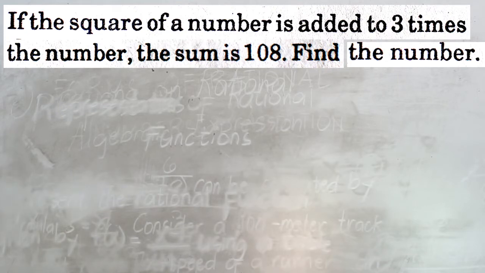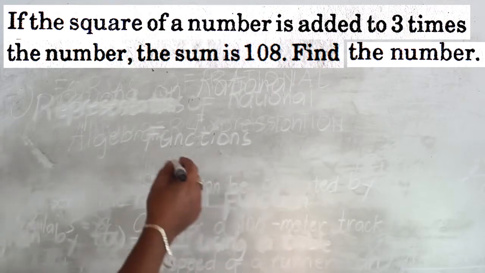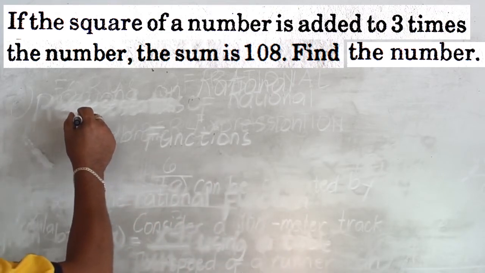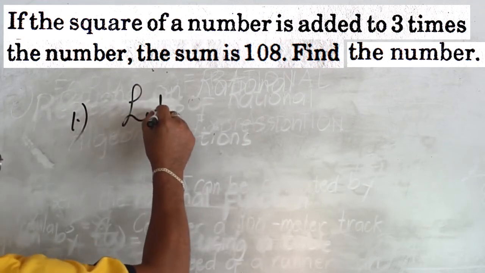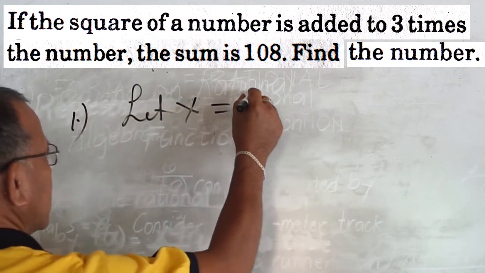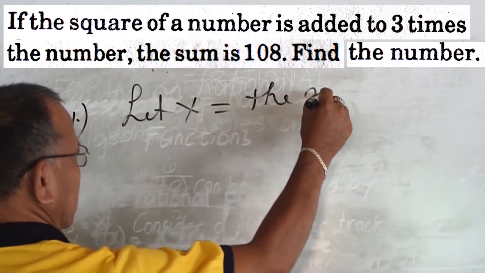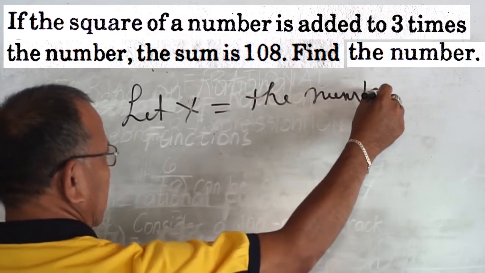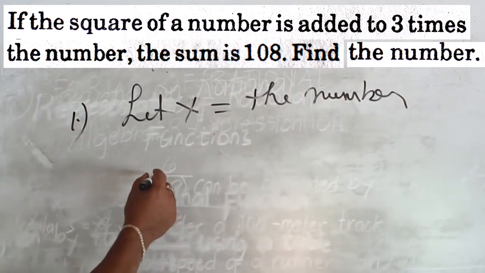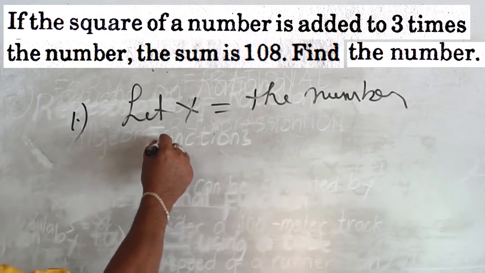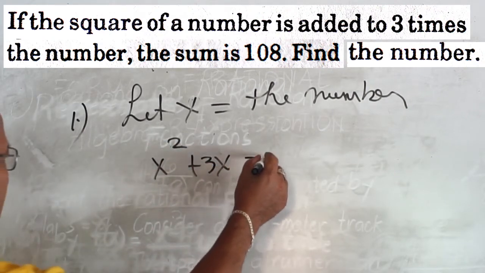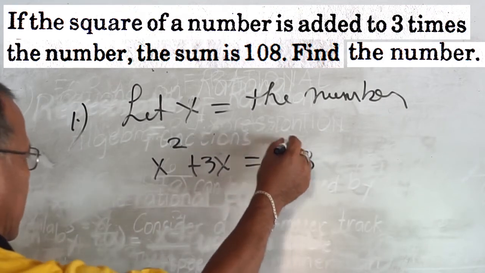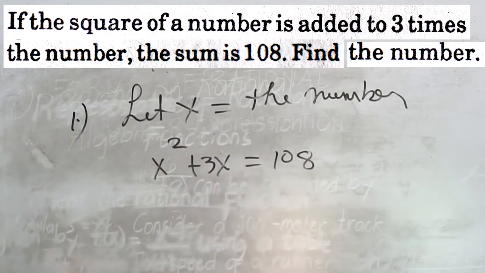Let x equal the number. Then we have x squared plus 3x equals 108. So this is now the equation.